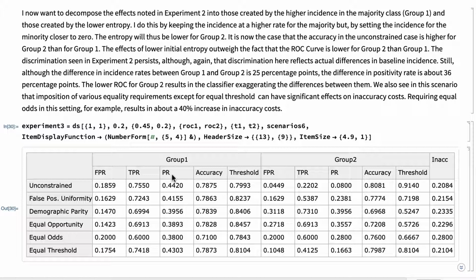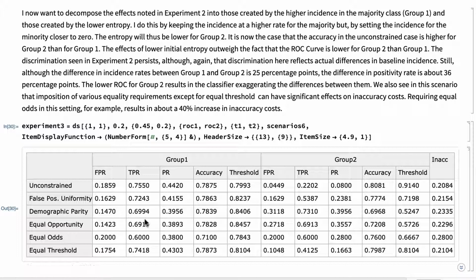We see the discrimination that we've seen before persist somewhat in that, for example, true positive rates can differ among the two classes. For example, unconstrained, we have a 53 percentage point difference in the true positive rate, even though there's really only a 25 percentage point difference in the actual incidence.